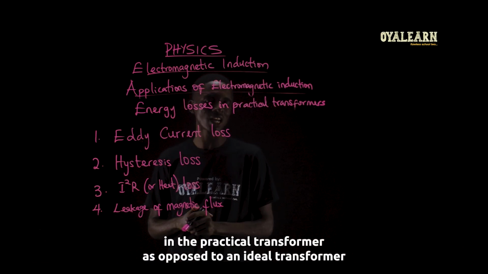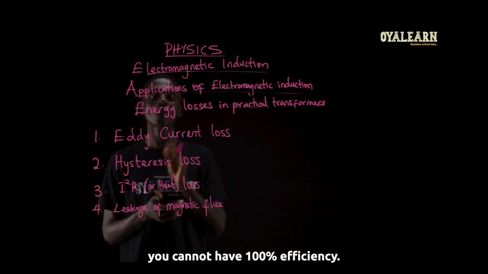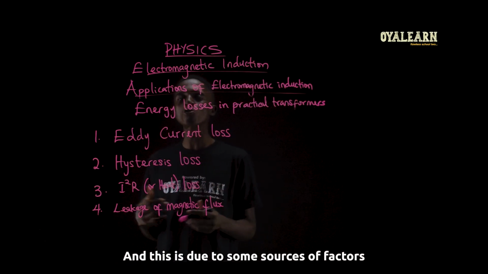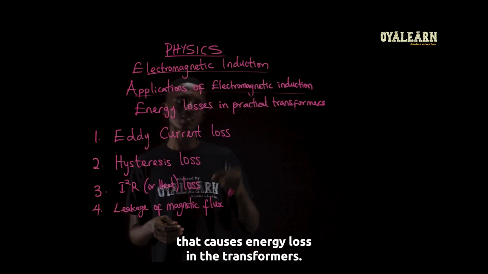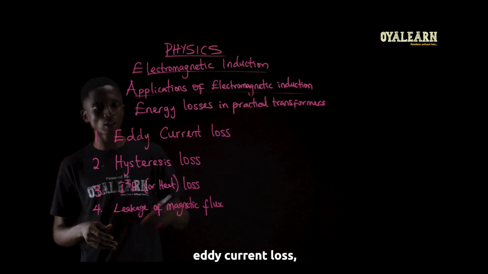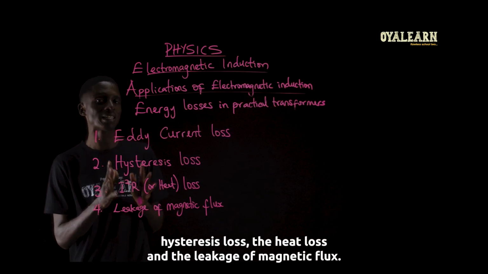In the practical transformer, as opposed to an ideal transformer, you cannot have 100% efficiency. And this is due to some sources or factors that cause energy loss in the transformers. So we'll be looking at these factors: the eddy current loss, hysteresis loss, the heat loss, and the leakage of magnetic flux.